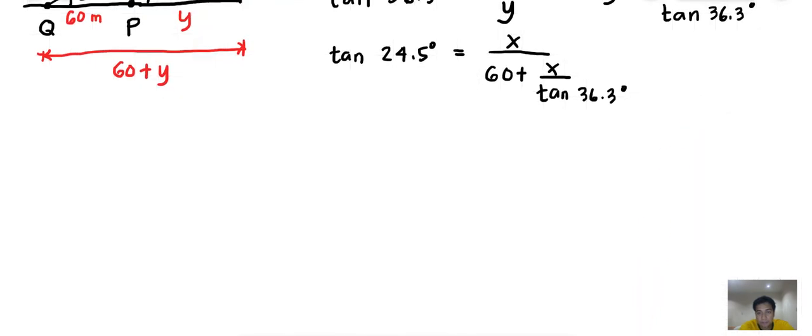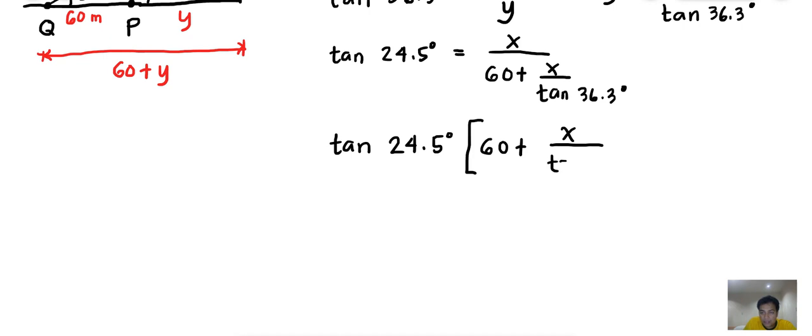We need to do cross multiplication. This is tangent of 24.5 degrees multiplied by this whole thing in the denominator, that is 60 plus x over tangent of 36.3 degrees, and this is equal to x.